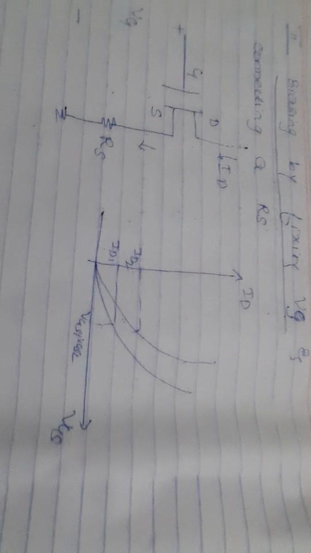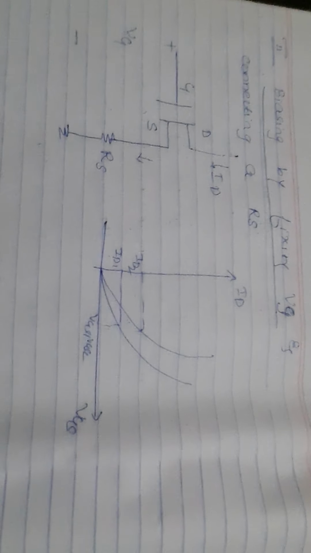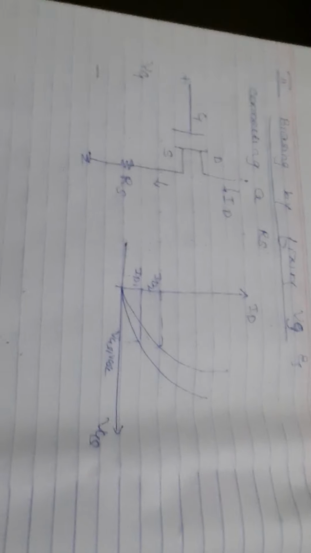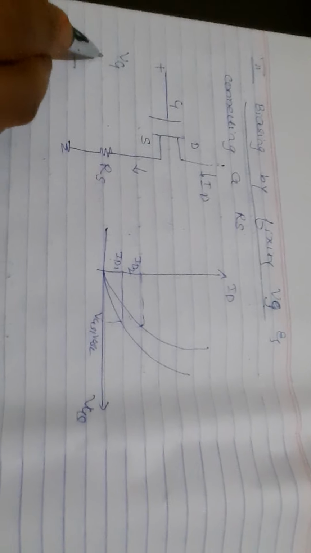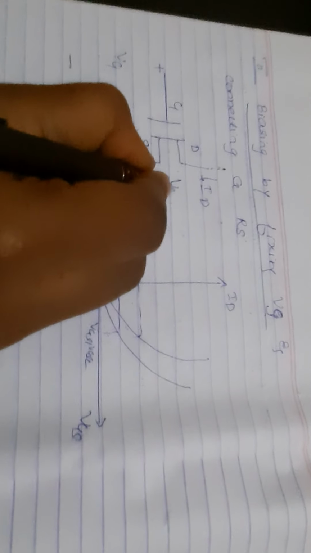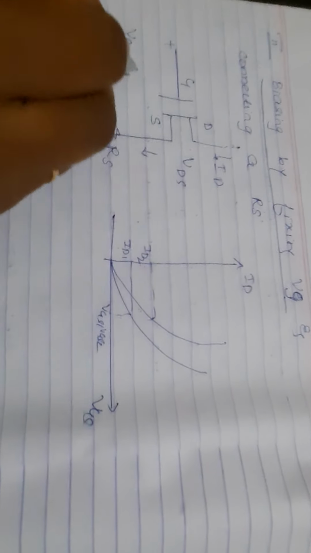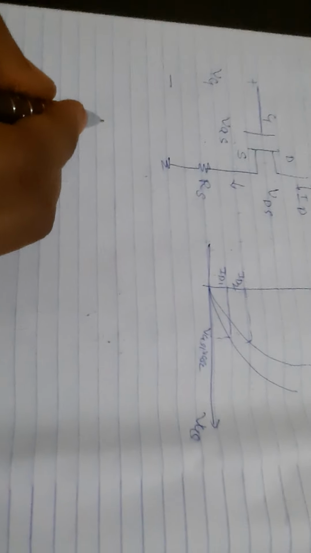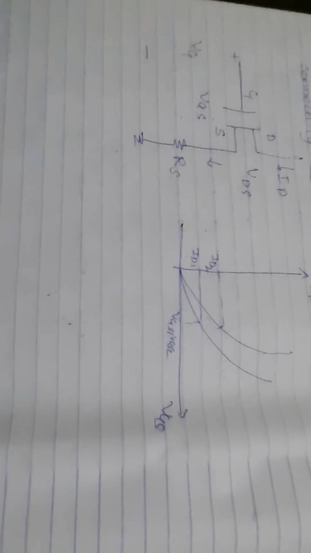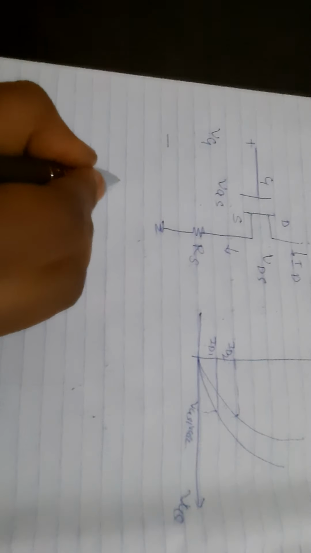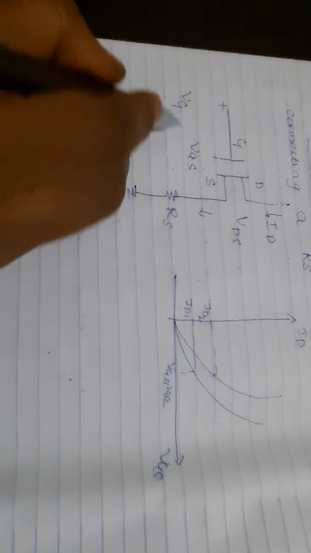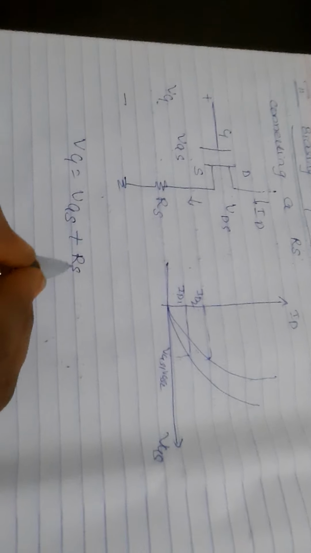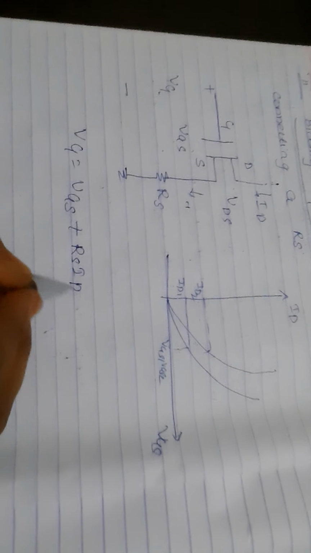By giving the DC voltage at VG and connecting RS, what happens if VG is much greater than VGS? We have VDS and VGS here. VG can be written as VGS plus RS into ID.